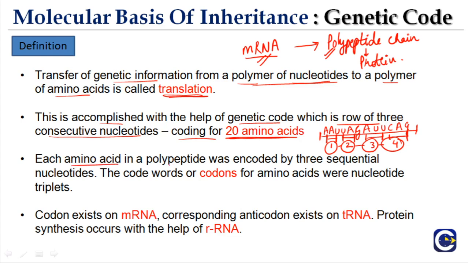Each amino acid in a polypeptide is encoded by 3 sequential nucleotides. The code words or codons for amino acids are nucleotide triplets.